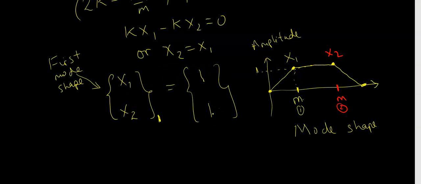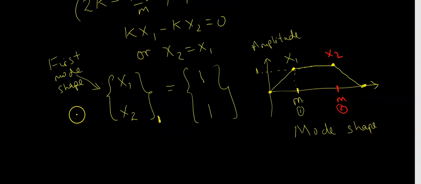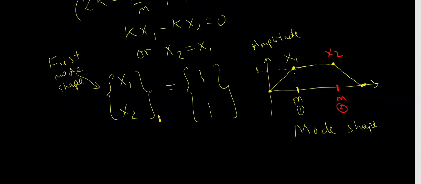So how does that look? Again, this only corresponds to the vibration of the masses with frequency of omega 1, your first natural frequency. Your first mode shape corresponds, and this point should be emphasized, to your first natural frequency.